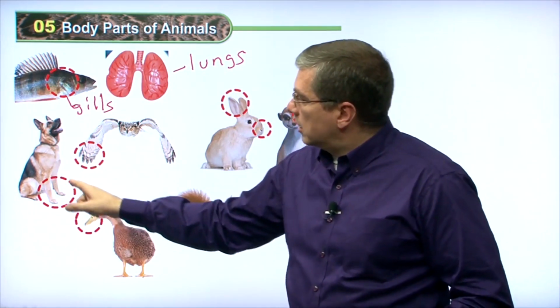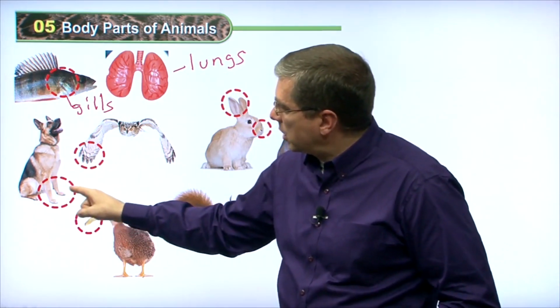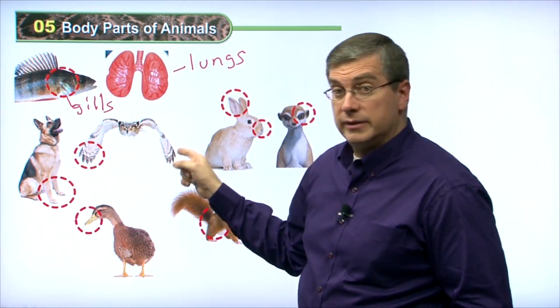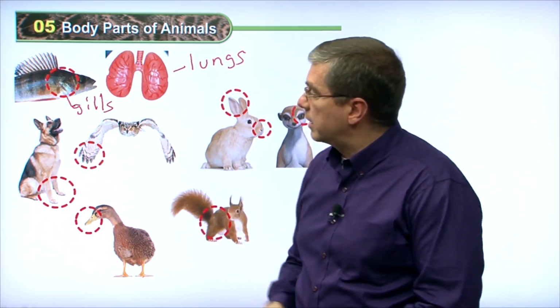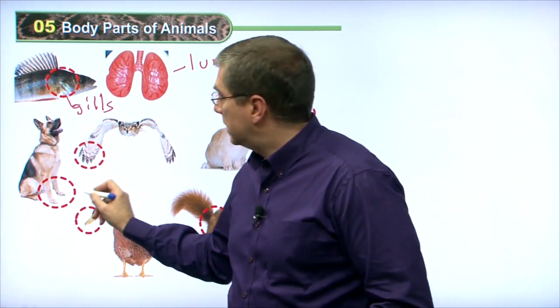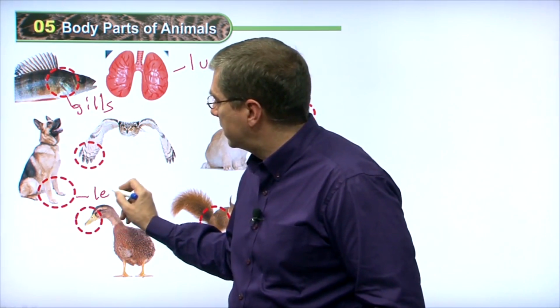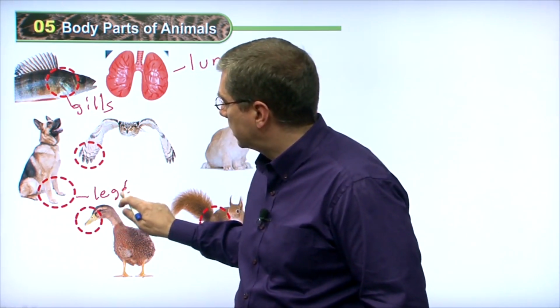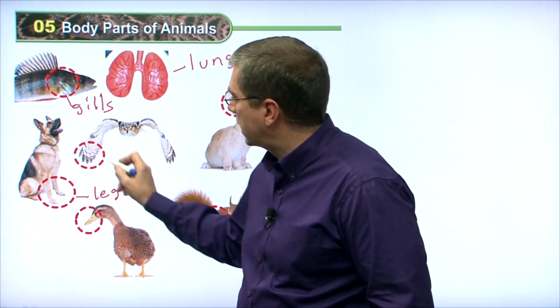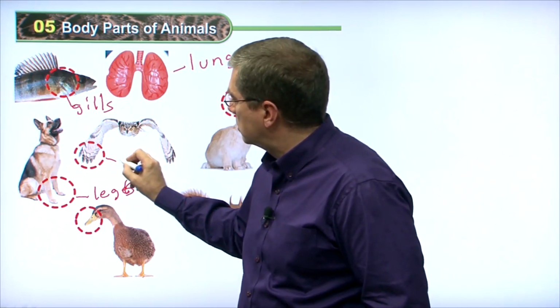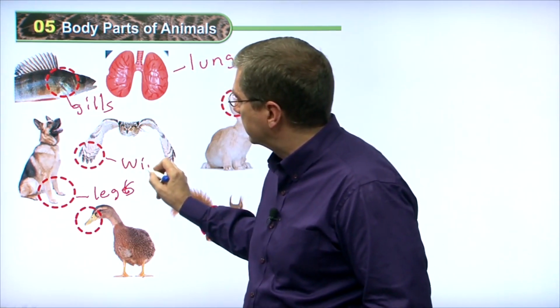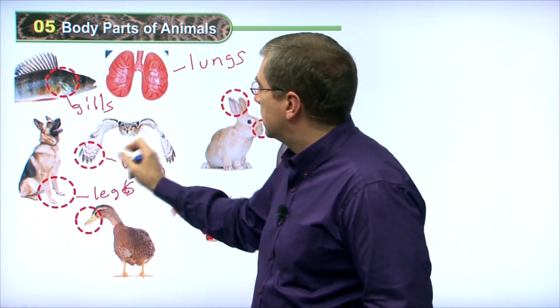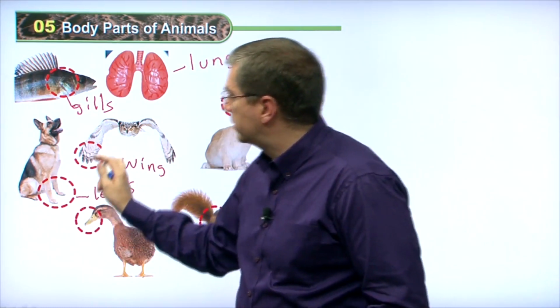Let's look down here. We have a dog here. We have the circle around this part of the dog, and we have an owl, a bird here. We have the circle around here. So what are these again? These, of course, would be legs. Oops, I can't erase. Legs, sorry about that. And these, of course, would be wings. You have 2 wings, right? 2 legs, 2 wings.